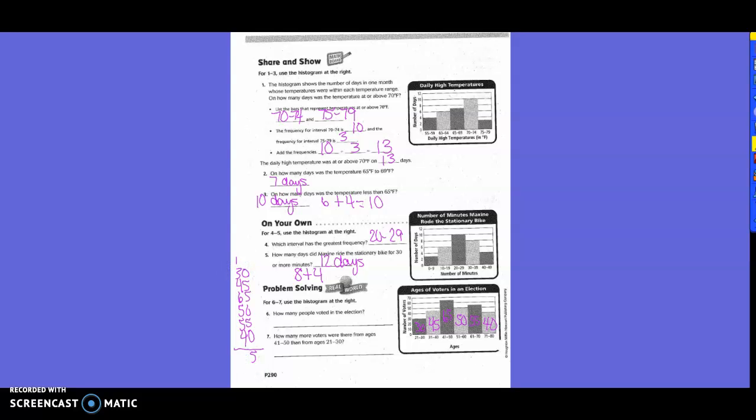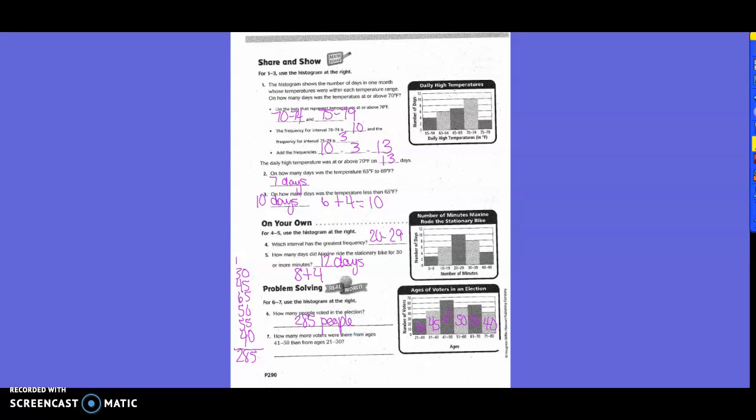Carry your 1. 1 plus 3 is 4. 4 plus 4 is 8. 8 plus 6 is 14. Plus 5 is 19. Plus 5 is 24. Plus 4 more is 28. So there would have been 285 people who voted in this election.